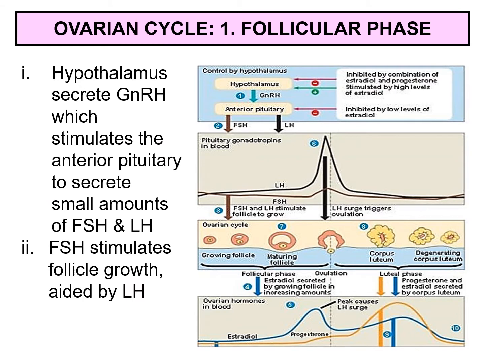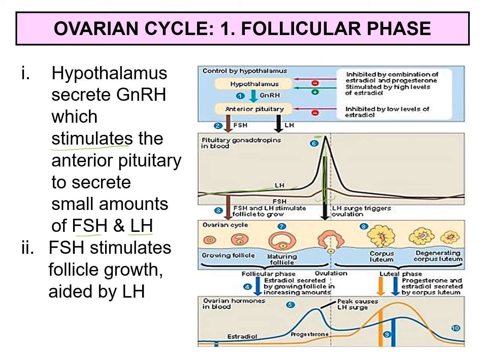During the follicular phase, the hypothalamus secretes GnRH, gonadotropin releasing hormone, which will stimulate the anterior pituitary to secrete small amounts of FSH and LH. And as we can see in the diagram, the amount of FSH and LH is still small compared to day 14.